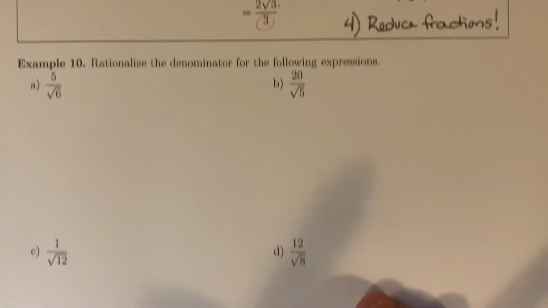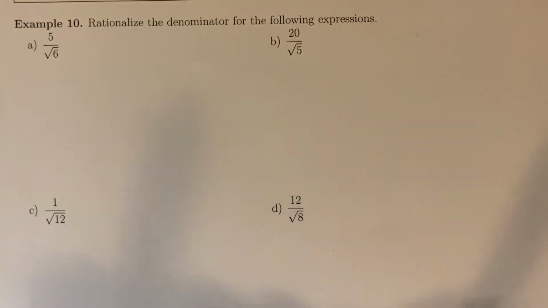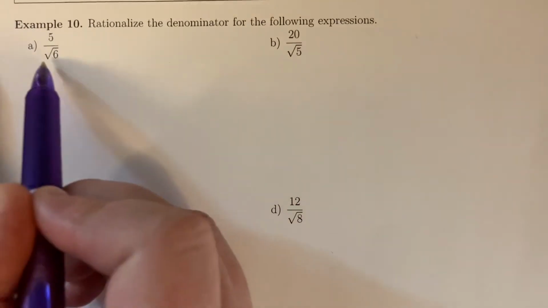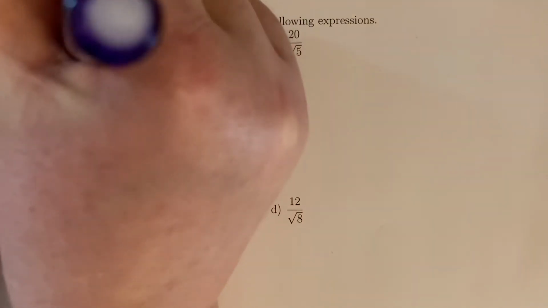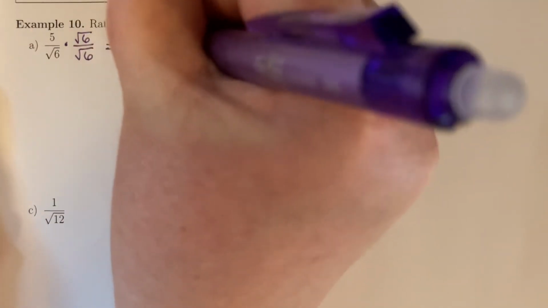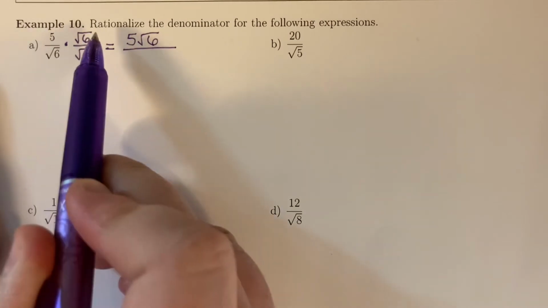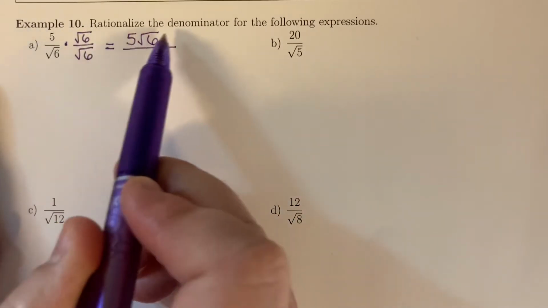So let's try some from scratch here. Rationalize the denominator for each of the following expressions. So we're starting with a square root in the bottom. And we need to multiply the top and the bottom by that square root to get it out of the bottom of the fraction. So the top now is just 5 square root of 6. We can't combine non-square roots with square roots, so we just put them together.